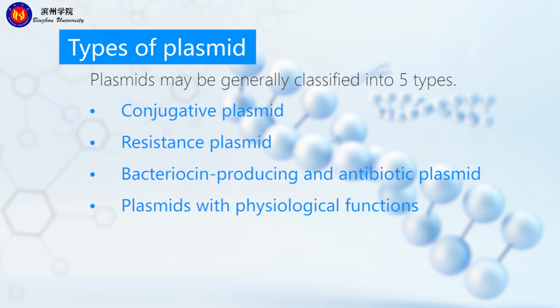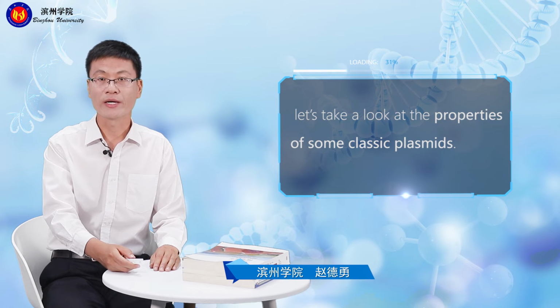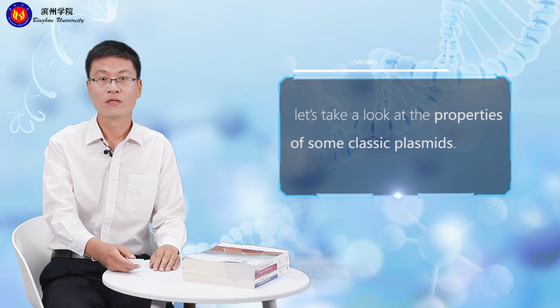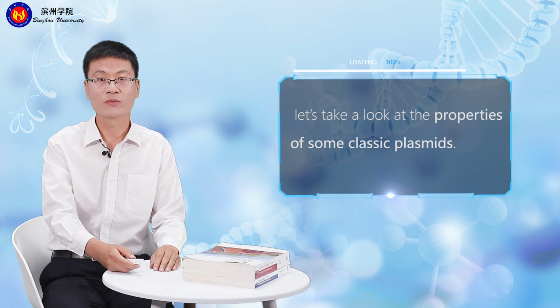The fourth one, plasmids with physical functions. The fifth one, toxin-producing plasmid. Next, let's take a look at the properties of some classic plasmids.